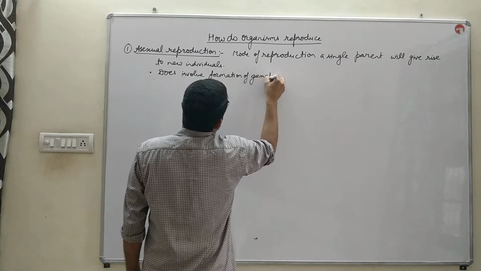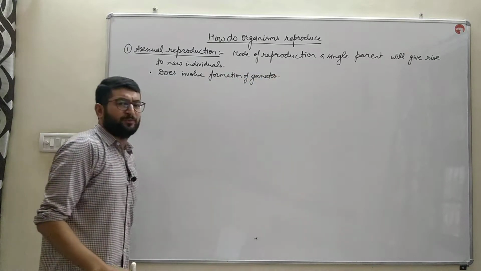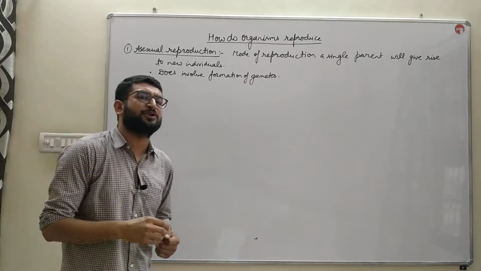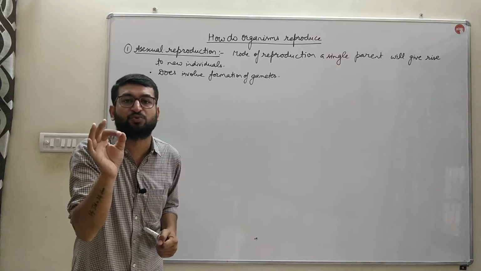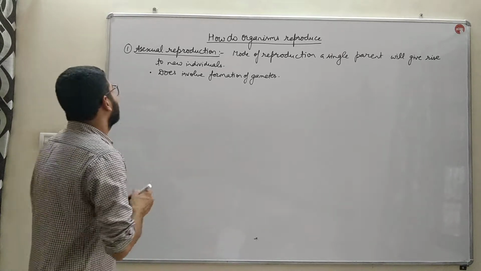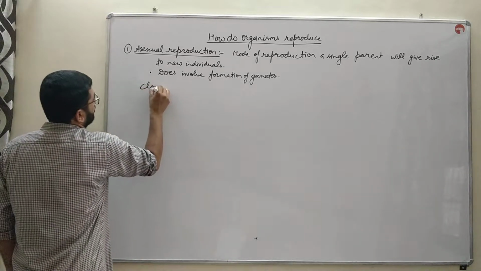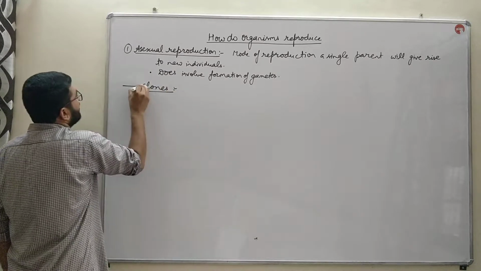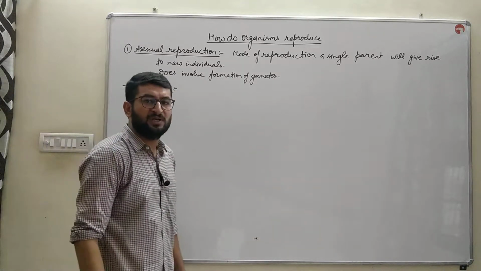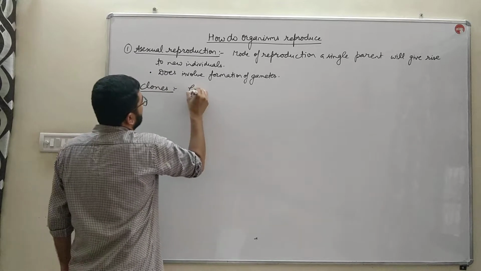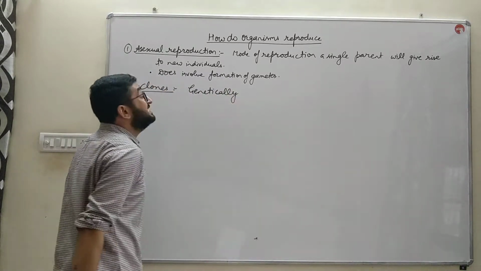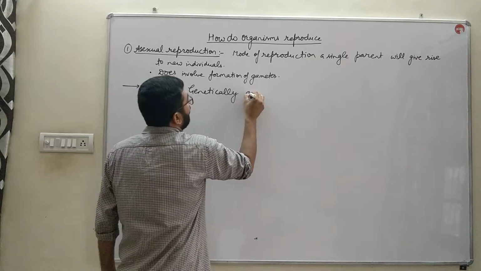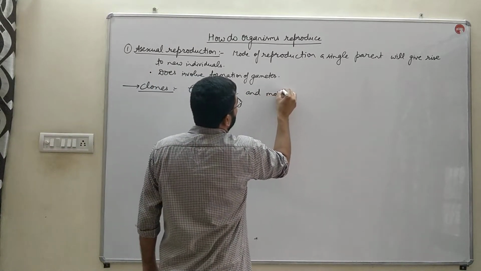One more thing here, bache. During asexual reproduction, the organisms which are produced, the young ones, are just identical to each other, and they are referred to as clones. So if someone asks you what are clones, the organisms which are genetically, means according to their genes, means according to their DNA, and morphologically identical.